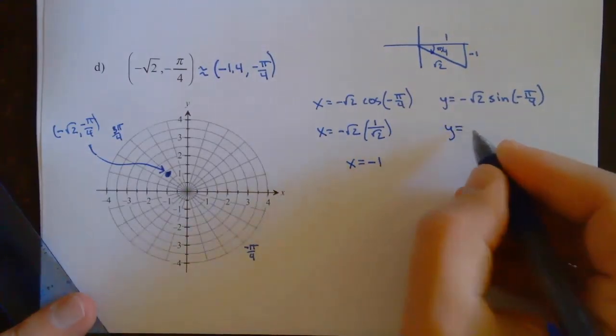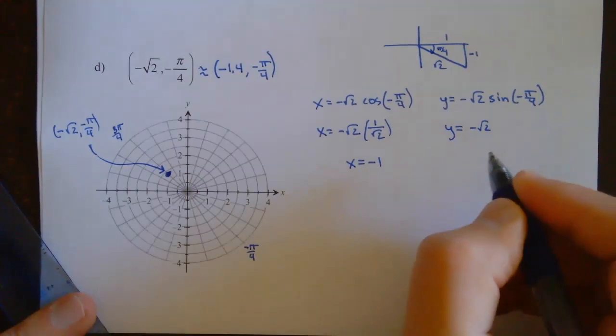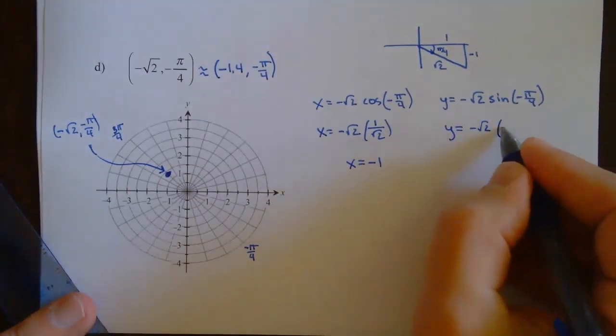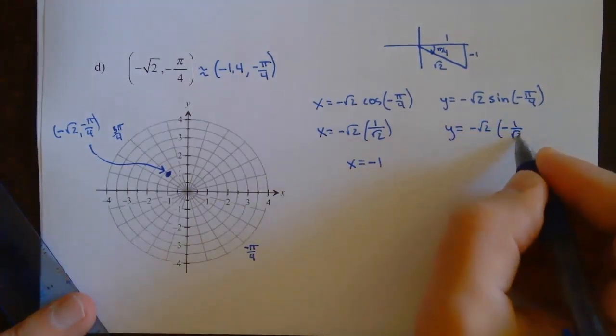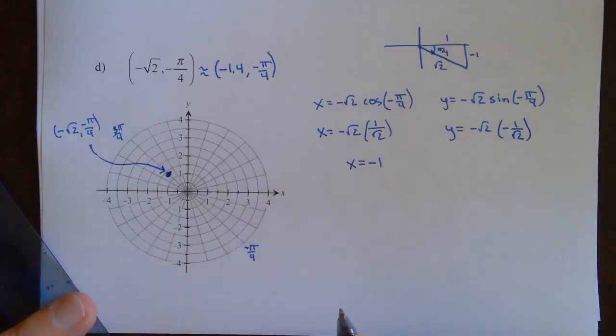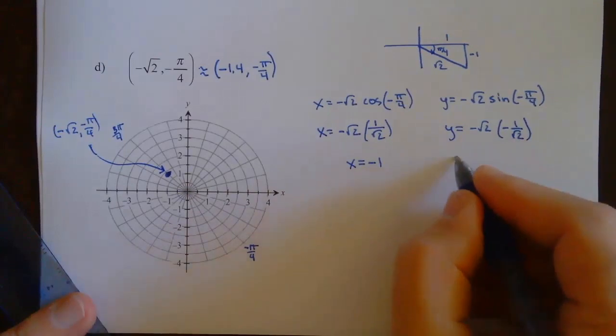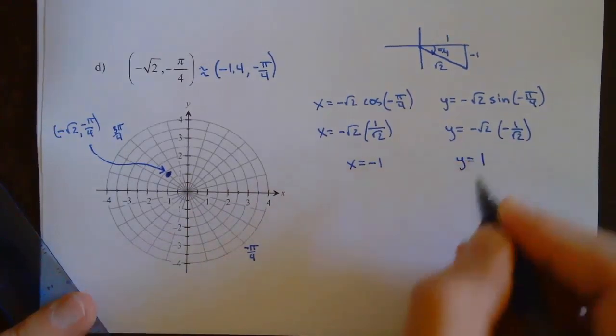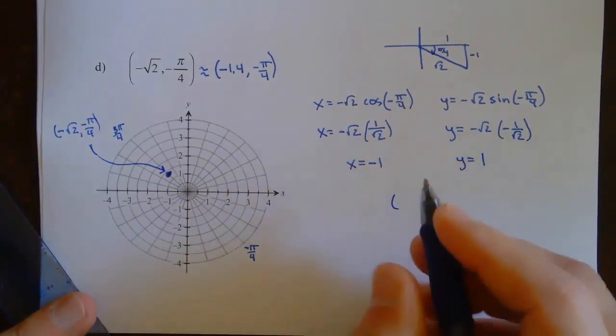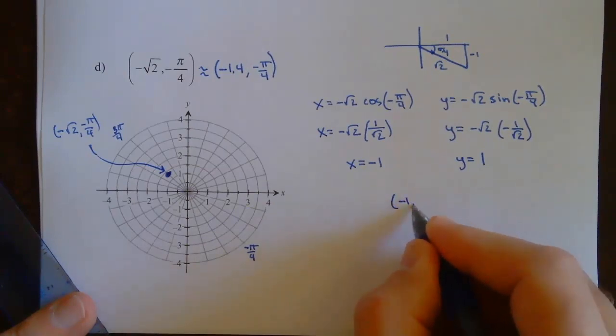And y is equal to negative square root of 2 sine of negative pi over 4, which is negative 1 over the square root of 2. Negative times negative is positive, so y is equal to positive 1. So our rectangular coordinates are negative 1, comma, 1.